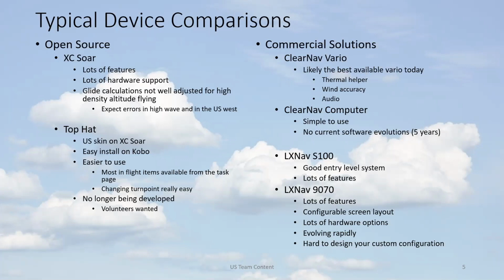The other thing that's happening with the 9070 is it's getting lots of new features every year. So last year it had the weather radar and the SkySight integration added to it.